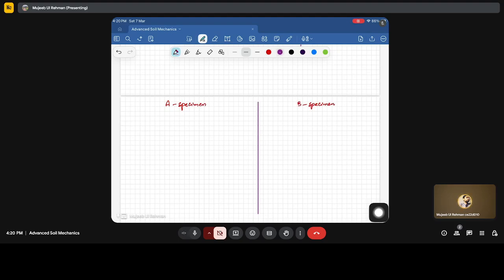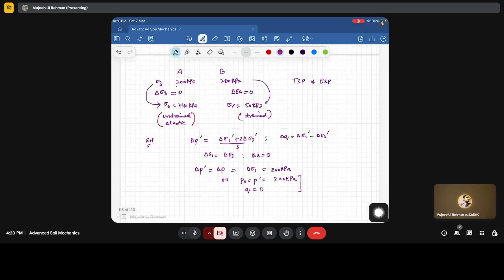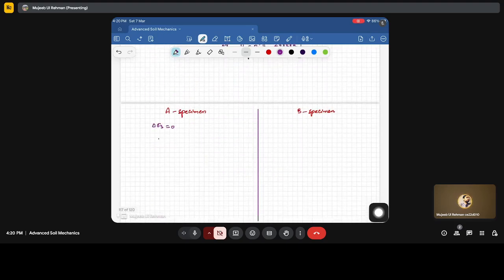For A specimen, delta sigma 3 is equal to 0. There is no change in the radial stresses, but the change has been done in the axial stress. It has been incremented to 440 from the initial value of 200, because once we are done with the consolidation, we have the all-round stress of 200 kPa.